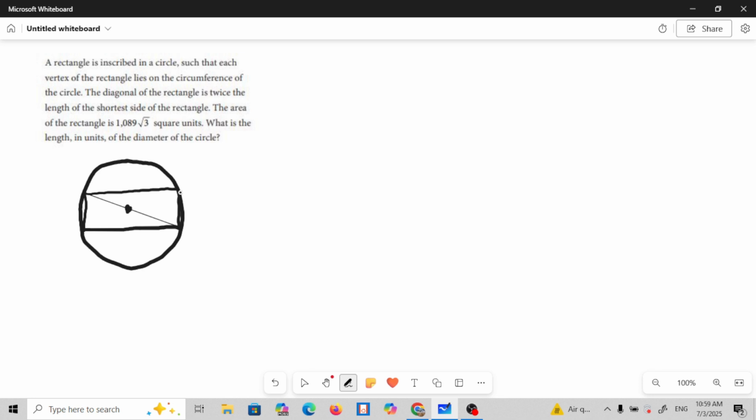So this is the diagonal of the rectangle. When we draw the diagonal, the rectangle gets split into two different right-angled triangles.